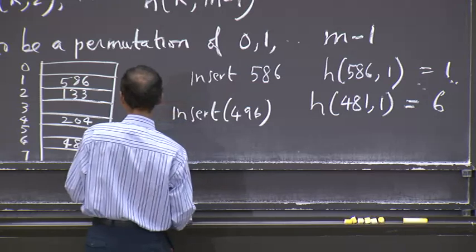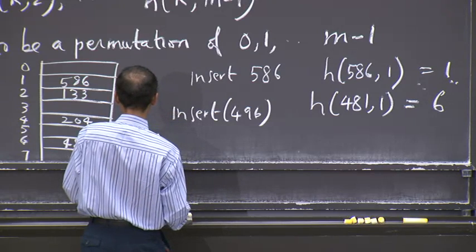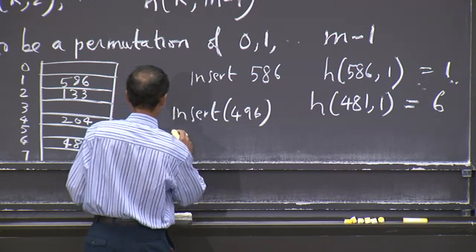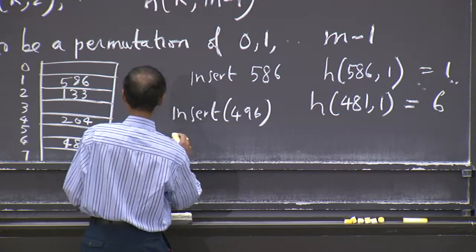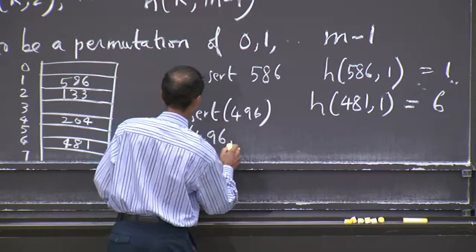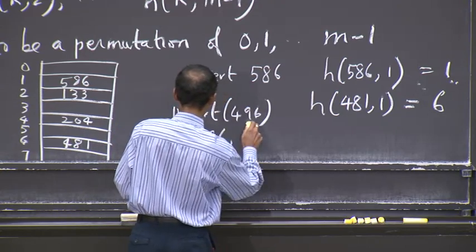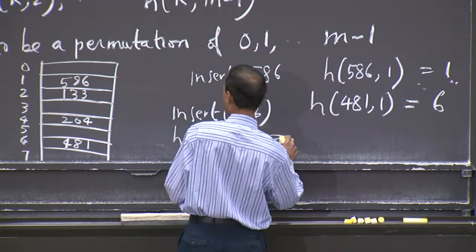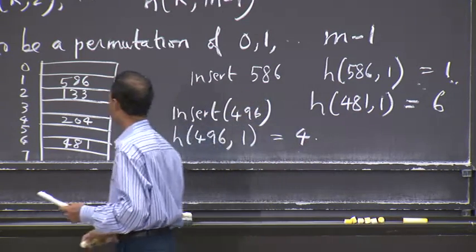And when I try to insert 496, I have h(496, 1) happens to be 4. Okay?